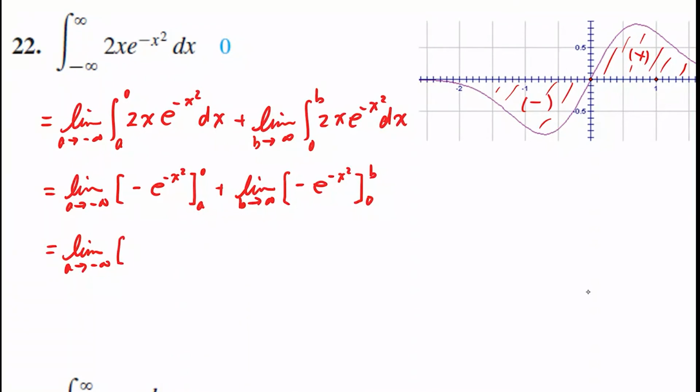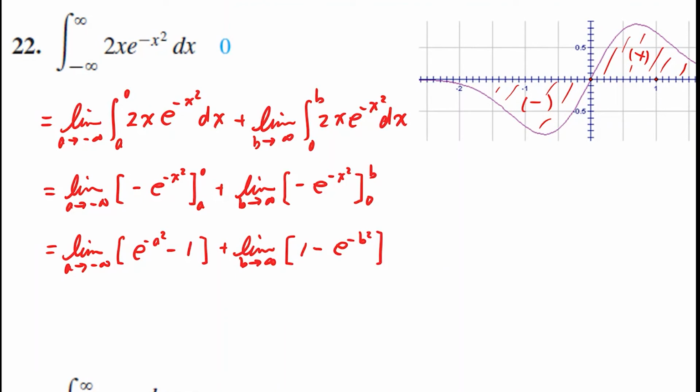Yeah. So substituting a first, e to the negative a squared minus substituting 0, so you get 1. Good. Plus limit b approaching infinity. We'll do plumbing, professor, here as well. Substitute 0 first, so you get 1 minus e to the negative b squared.